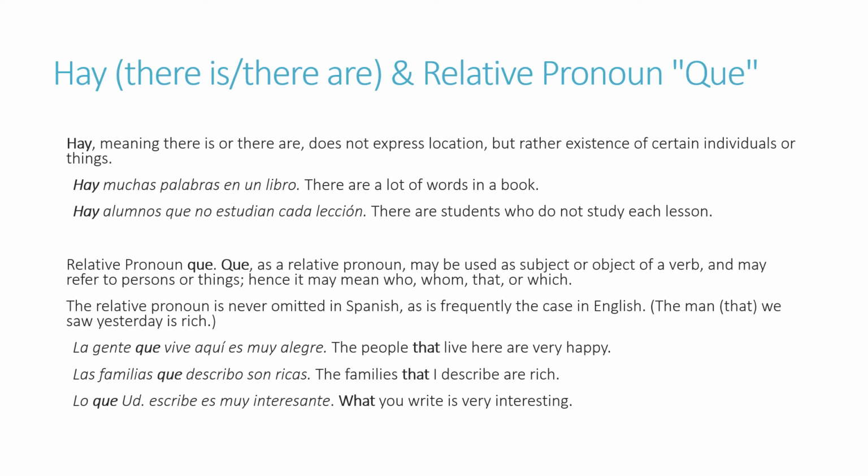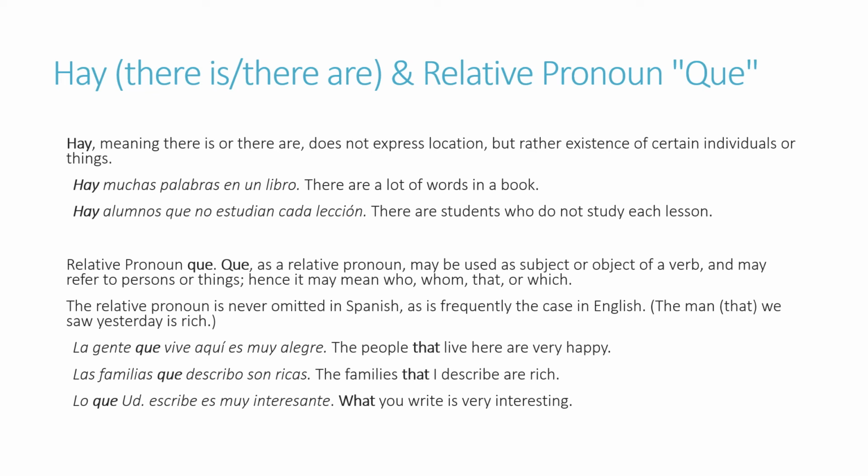Another important tool is the relative pronoun que. Que, as a relative pronoun, may be used as subject or object of the verb and may refer to persons or things. Hence, it might mean who, that, or which. The relative pronoun is never omitted in Spanish, as it frequently is in English.